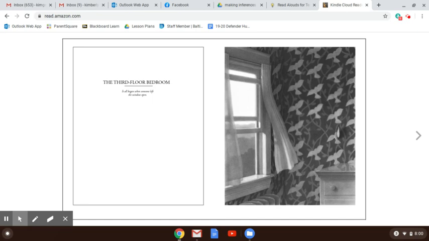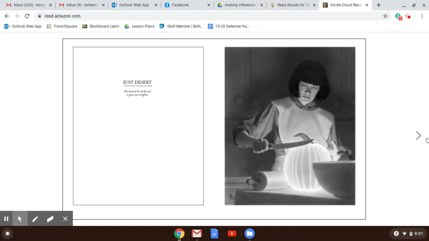The 3rd floor bedroom. It all began when someone left the window open. Look carefully at the wallpaper here and here. Just desert.